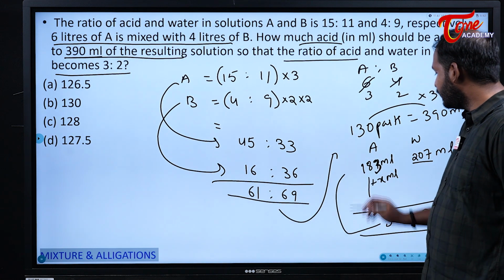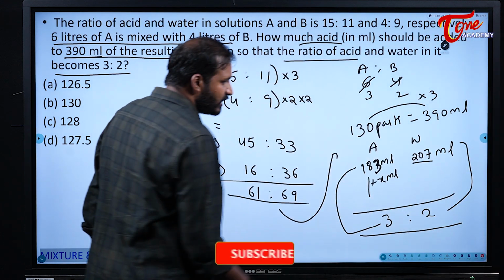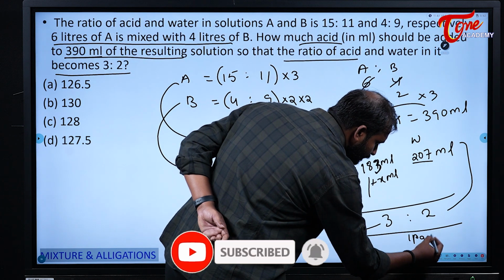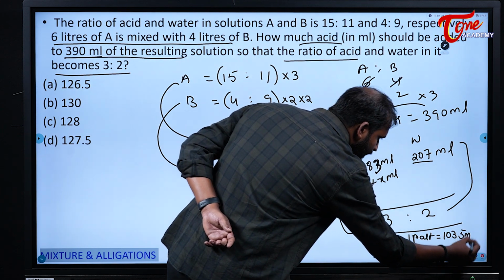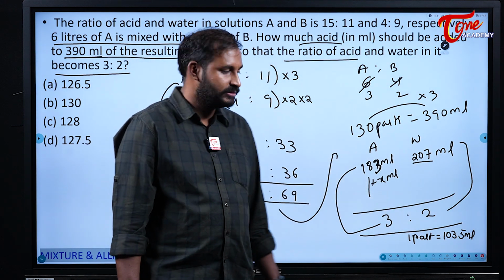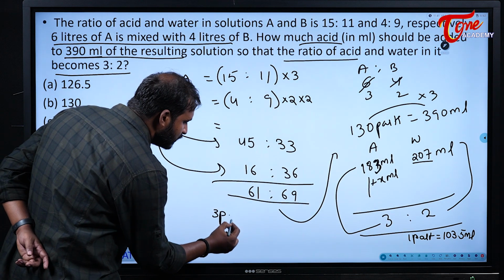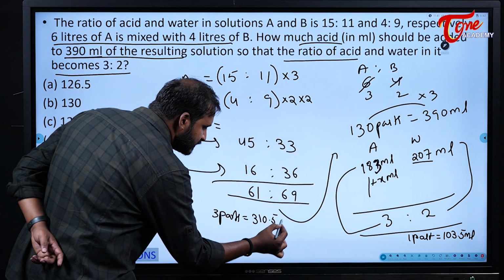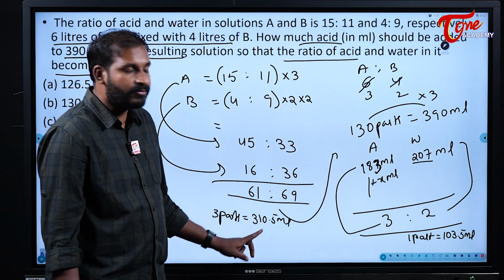Now tell me what will be 3 parts. 2 parts is 207 ml, so 1 part becomes 103.5 ml. Now 3 parts should be equal to how much? 310.5 ml. I simply multiplied 103.5 into 3. So 310.5 ml.